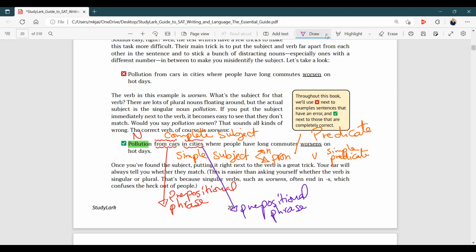Where people have long commutes. What's that? Where people have long.